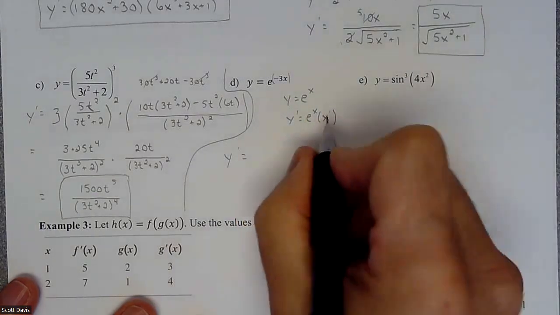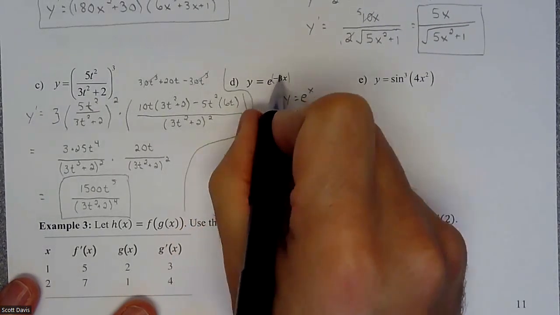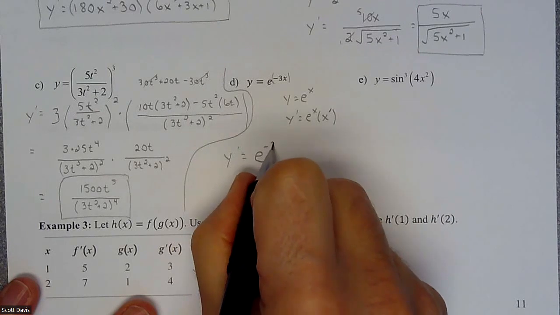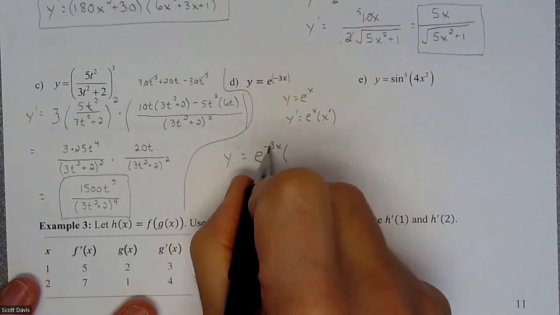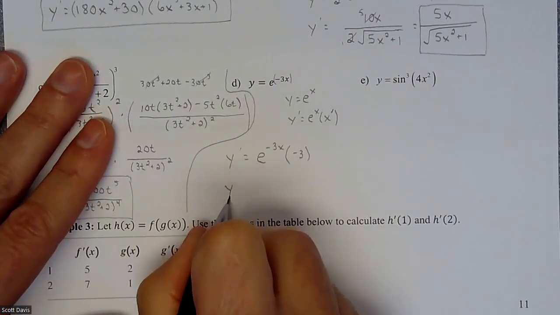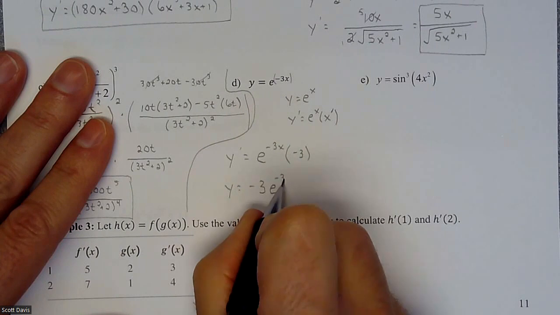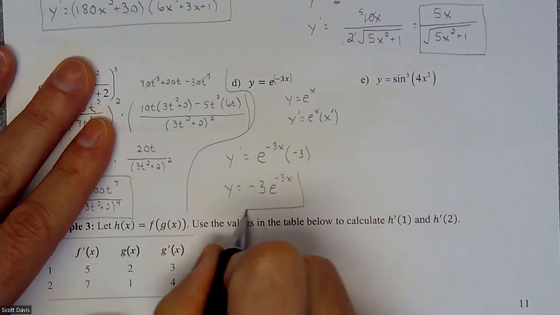So we're going to have itself, e to the negative 3x, times the derivative of the exponent, which is negative 3. Just cleaning it up, I put that in the front, and it looks like that.